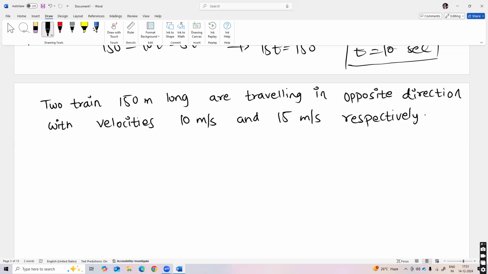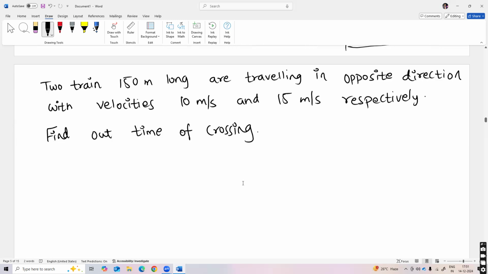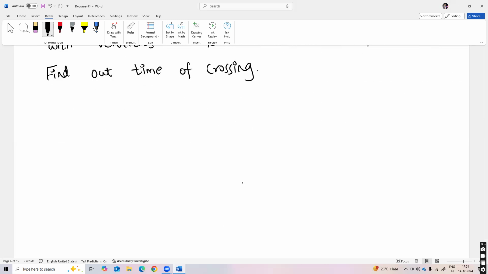So find out time of crossing. Okay, so both the trains are 150 meters in length.